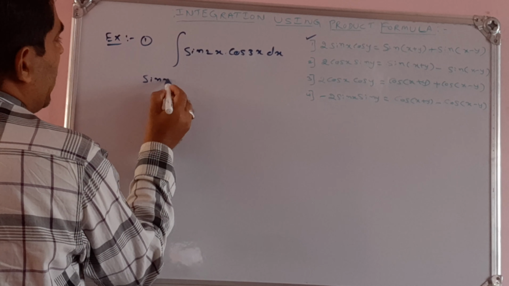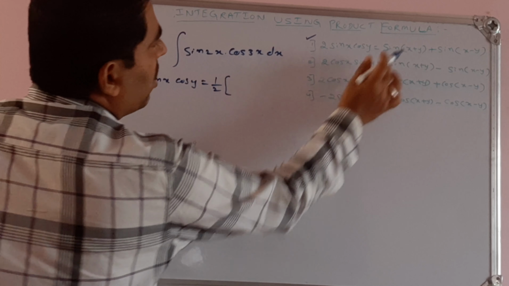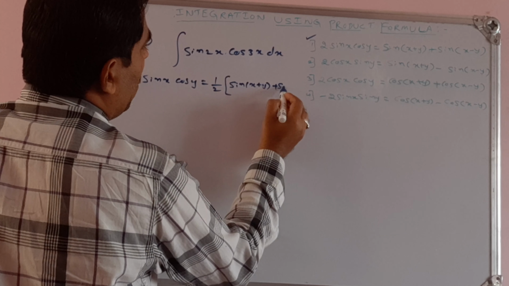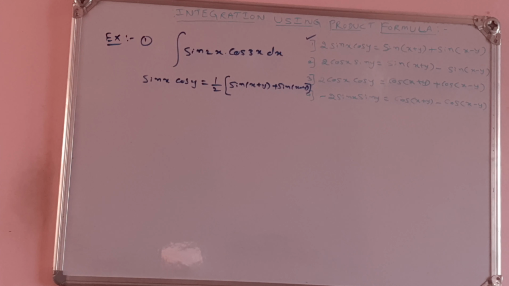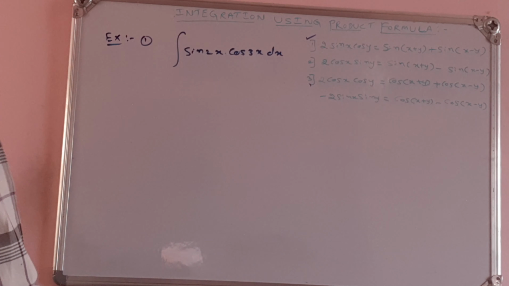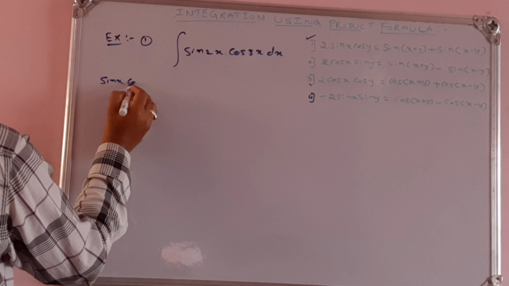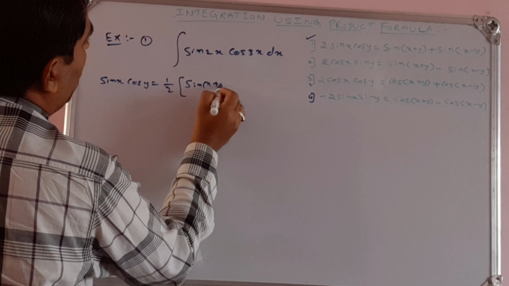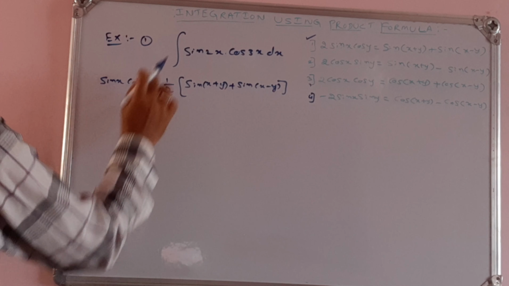That formula becomes, the 2 comes to the denominator: sin x cos y is equal to half into sin of x plus y plus sin of x minus y. Let us integrate this now.